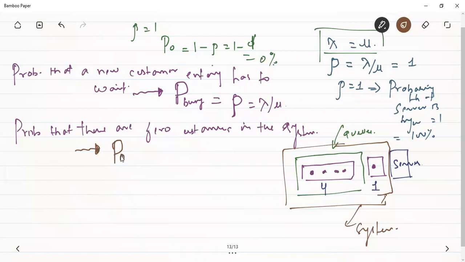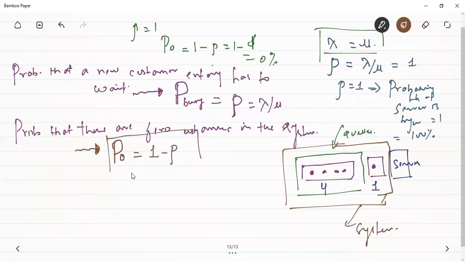It indirectly gives us the indication that zero customers in the system means that the server is idle. जब कोई सिस्टम में नहीं होगा, ना ही कोई क्यू में है, ना ही किसी की सर्विस हो रही है, तब सर्वर क्या होगा? उस टाइम सर्वर will be idle, and that probability is given by 1 minus rho.